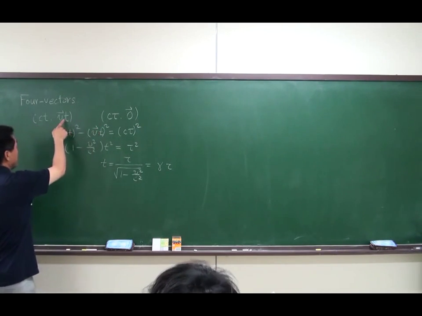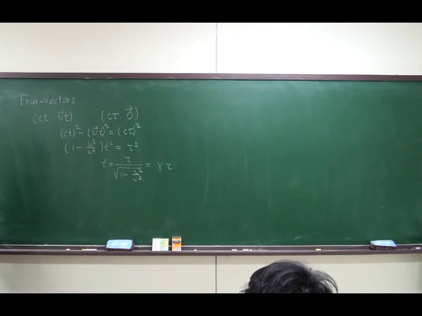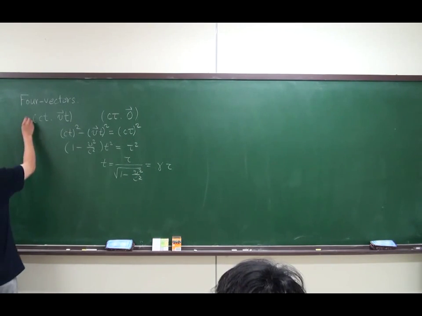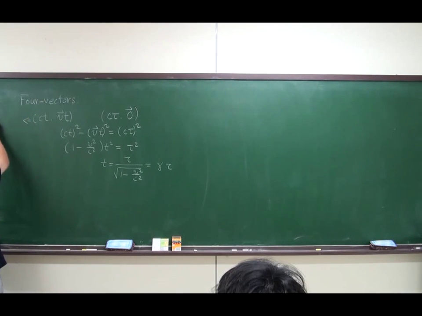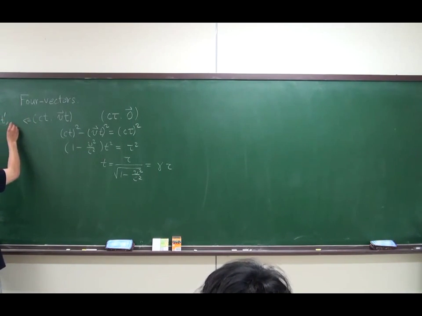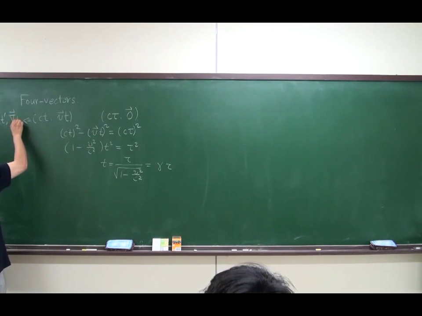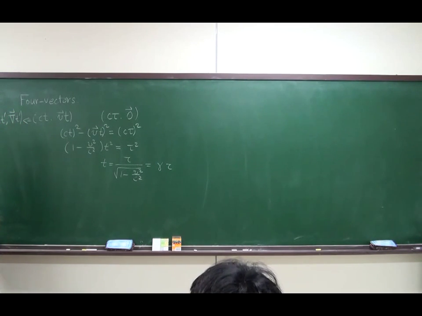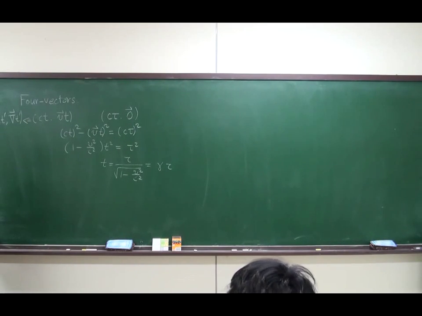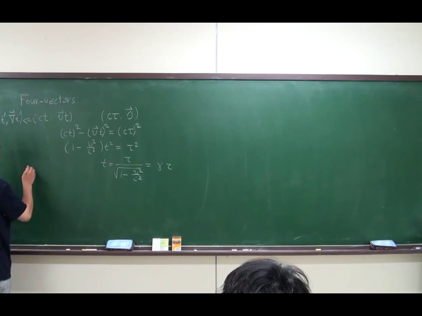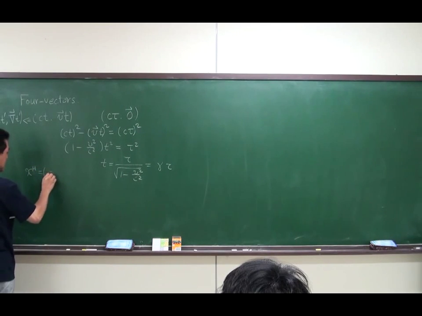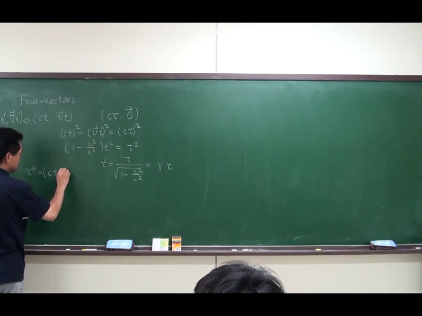It's possible to have the particle have larger velocity, in that case, we have another gamma factor, but that cancels when I square this and subtract this one by the squared value. Okay, so we define x mu to be ct, vt.